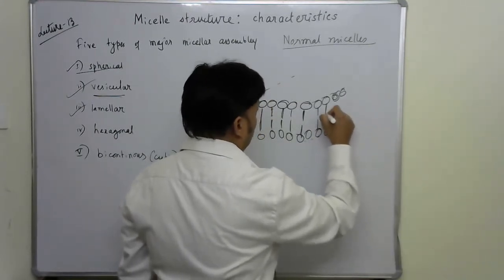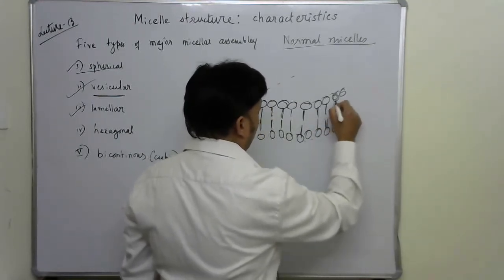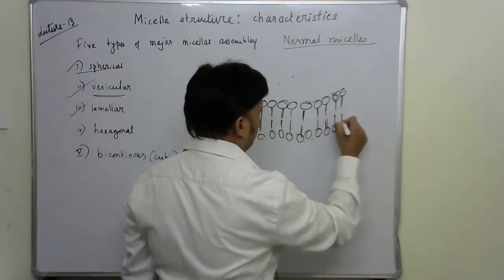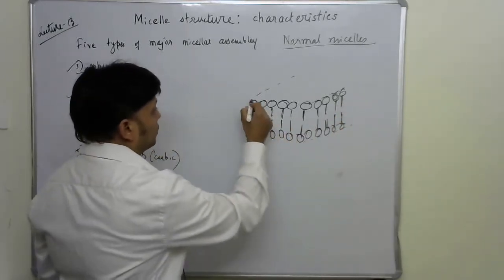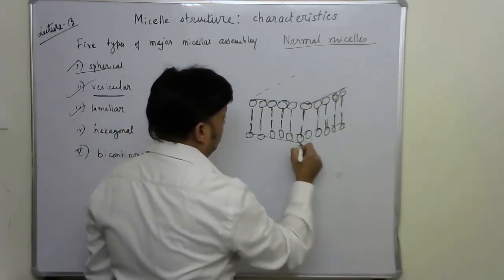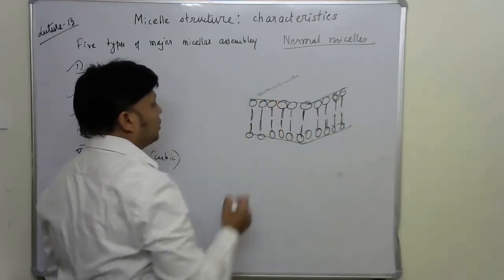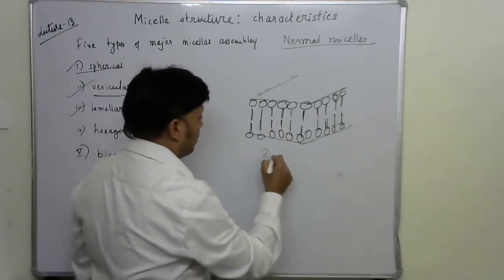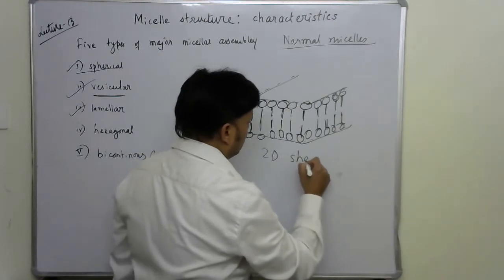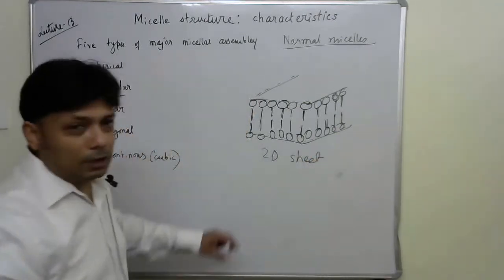So the structure is a two-dimensional flat one, and this would continue. So here you go. It looks like a two-dimensional sheet. Okay. So this is a lamellar structure.